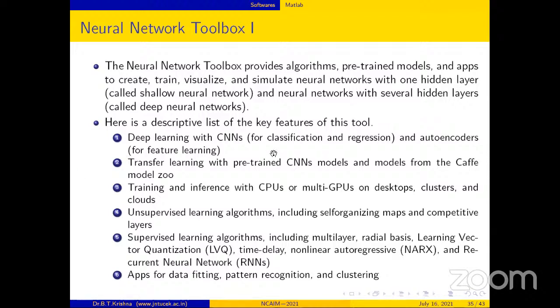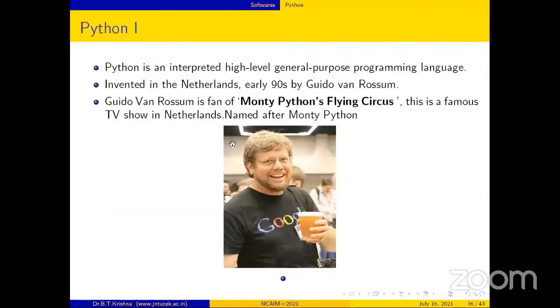So deep learning with convolutional neural networks, and here is a descriptive list of key features of this neural network toolbox: supervised learning algorithms, multi-layer perceptron, radial basis, learning vector quantization, non-linear autoregressive, recurrent neural networks, and data fitting, pattern recognition, clustering. All these operations can be done using the neural network toolbox.